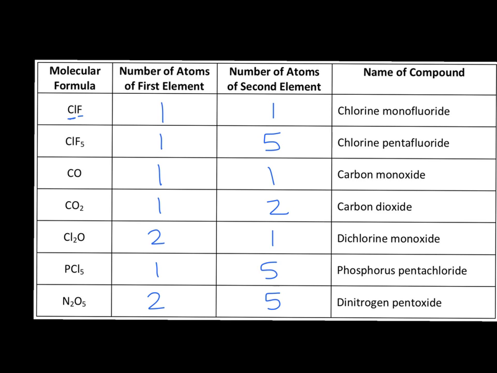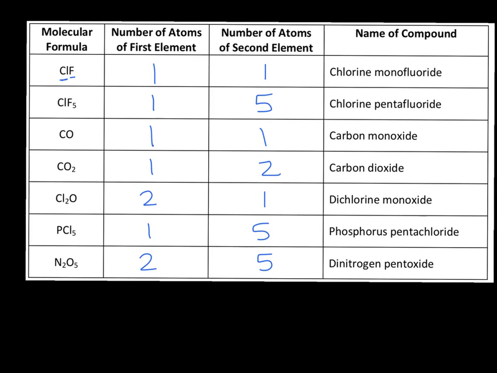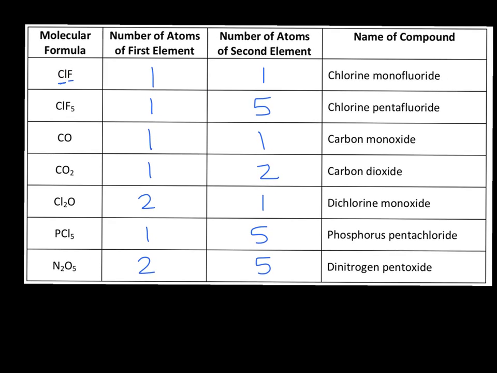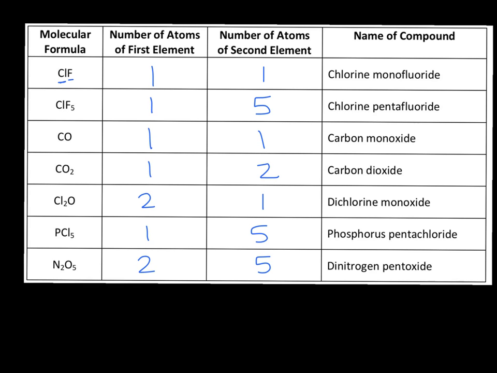The first thing that I want to make note of is that all of these here, chlorine and fluorine, carbon and oxygen, chlorine and oxygen, phosphorus and chlorine, and nitrogen and oxygen, they're all nonmetals. Right, they're all on the right side of the jagged line on the periodic table.